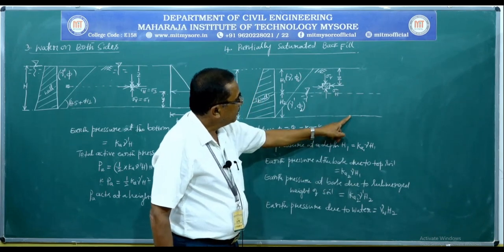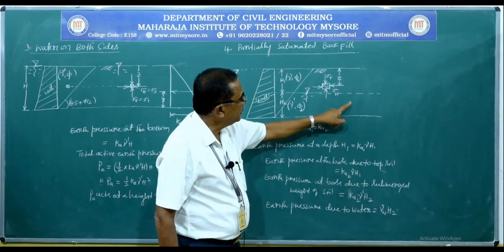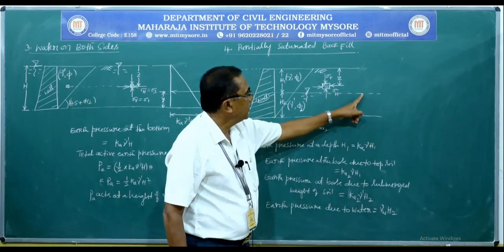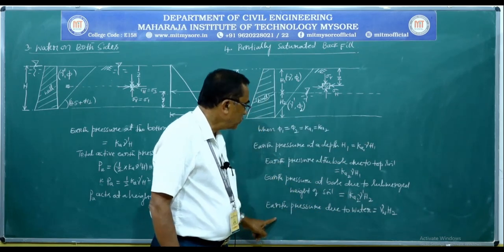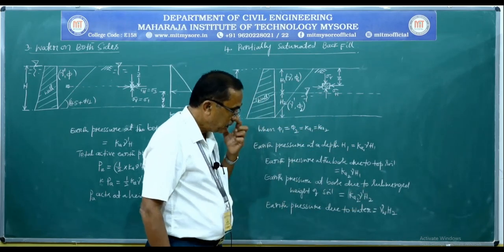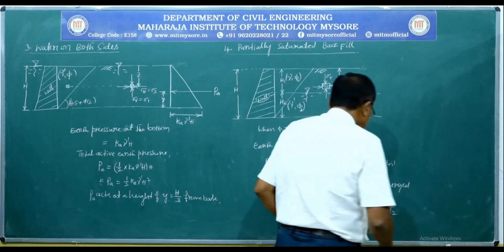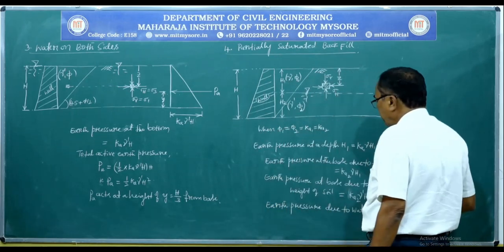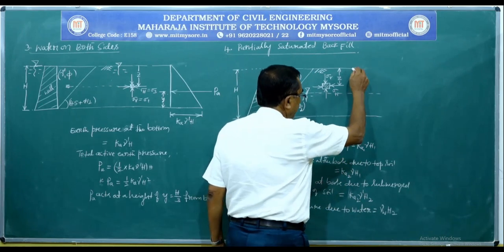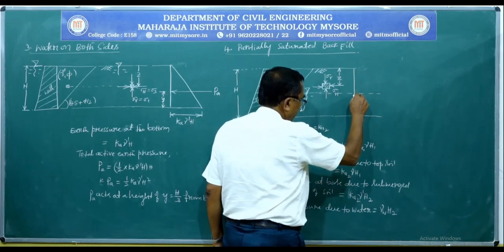Next, pressure at the base due to the submerged weight of soil is equal to Ka2 gamma dash H2. And lastly, the pressure due to water at the base is equal to gamma W into H2. So knowing these pressures at the base of the wall, we can easily draw the pressure distribution diagram. So draw the reference line.